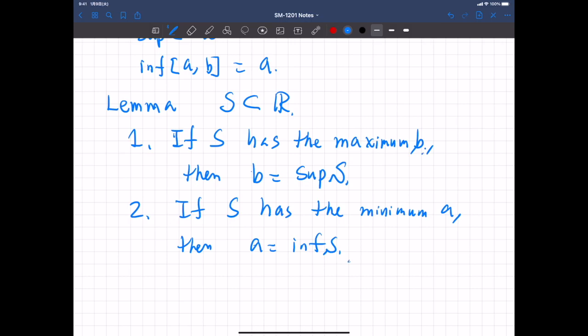If the maximum value is B, then it is obviously greater than or equal to any of the elements of S, so it is an upper bound of S. And it is also the least element among the upper bounds of S. So it should be the supremum, and similar for infimum and minimum value.